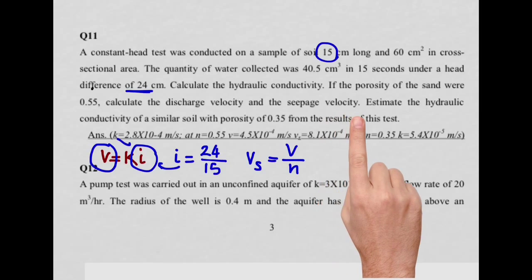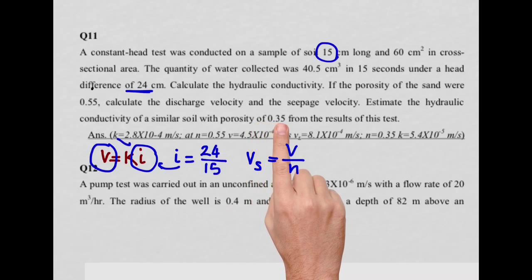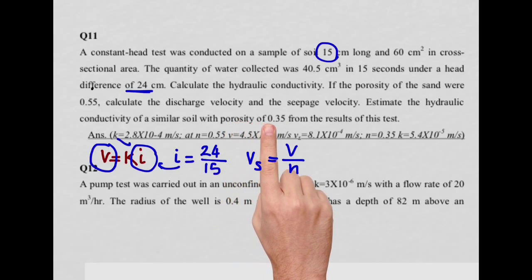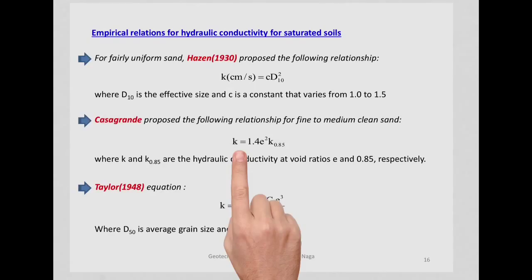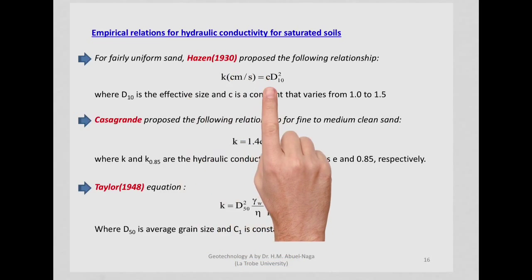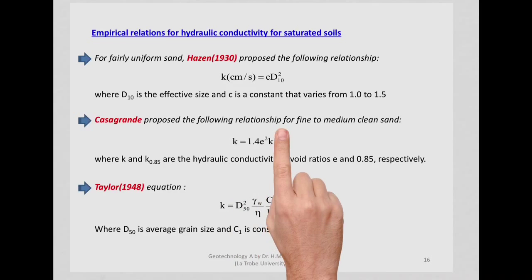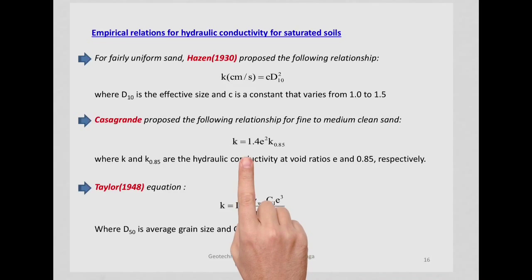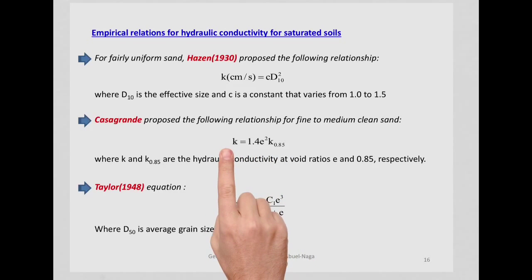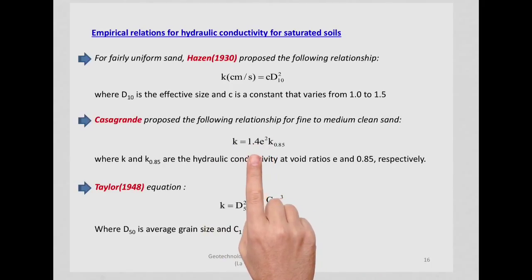Now, the third part says estimate the hydraulic conductivity of a similar soil but with different porosity from this result. I think we all remember this empirical equation that we have, and how we used it before in some example to determine the hydraulic conductivity at a certain porosity by knowing the hydraulic conductivity at one porosity.